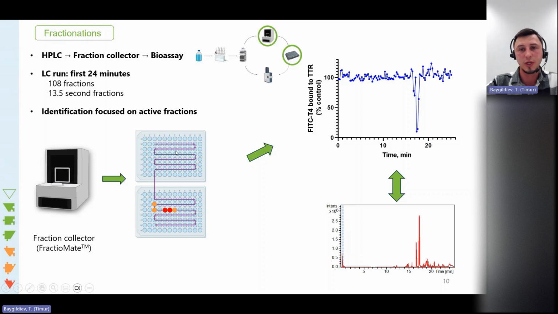In our case, we used 2 plates, and then the plates are evaporated and analyzed in the corresponding assays. Based on the result observed in the assay and the LC-HRMS data that you see at the bottom, we can identify, or try to identify, chemicals that pop up in the active fractions.